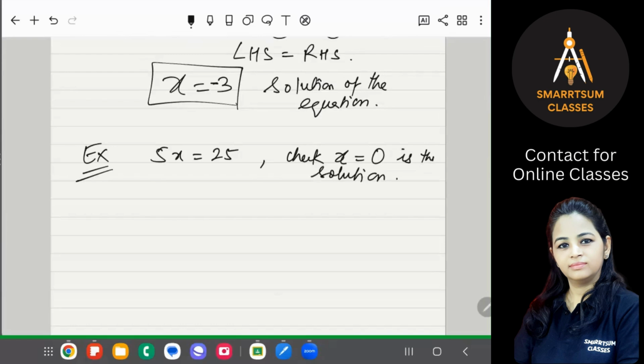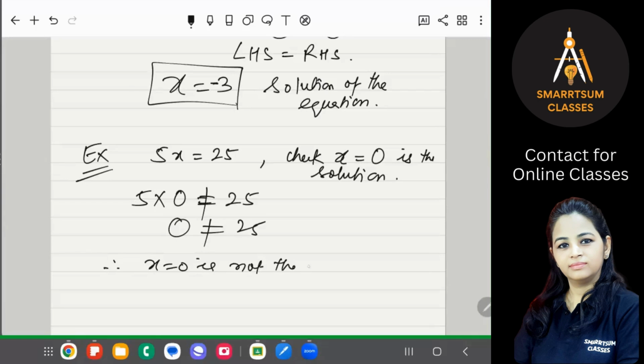So we put the value of x into this. 5 into 0 is equal to 25, and we check whether they are coming equal or not. So it is not equal. 0 is not equal to 25. That means x is equal to 0 is not the solution of the equation.